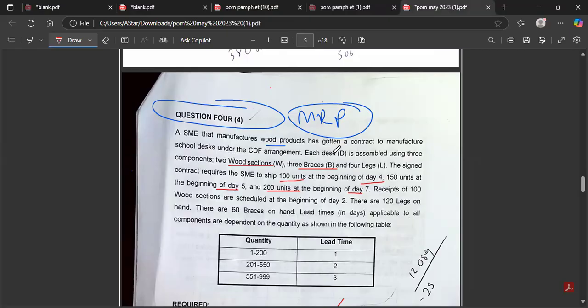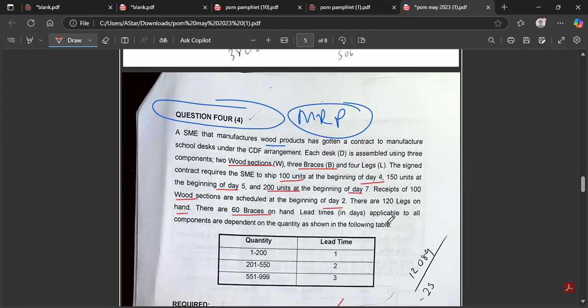Now, each desk is assembled using these 3 components. A signed contract requires the SME to ship 100 desks at the beginning of day 4, 150 at the beginning of day 5, 200 at the beginning of day 7. The receipts of 100 wood sections are scheduled at the beginning of day 2. Then there are 120 legs on hand and 60 braces on hand.